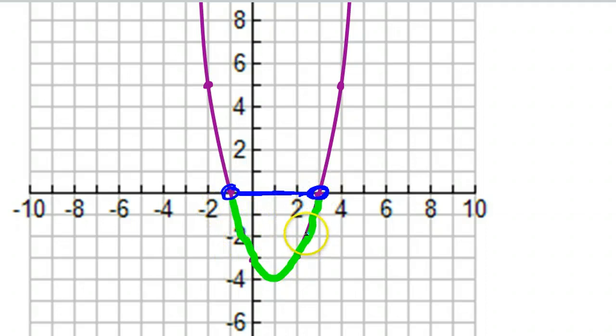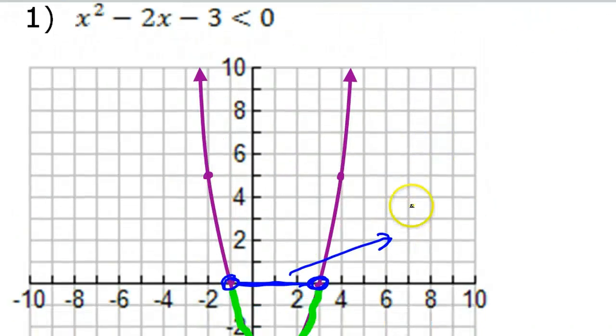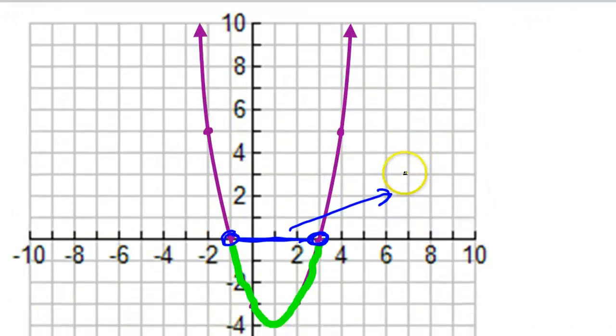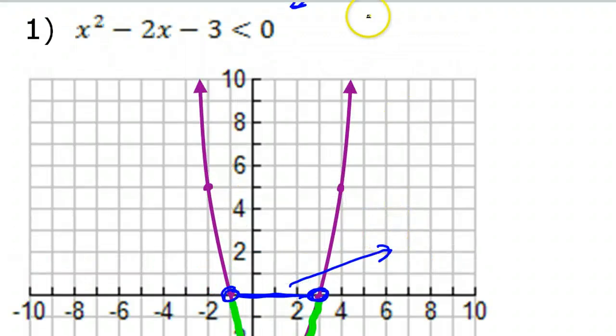So this blue represents the answer, but we just need to go ahead and put it in interval notation. And in interval notation, this goes from -1 to 3. So I will put -1 to 3, and I'll put them in round parentheses to show that the endpoints are not included. Okay, that's it for number 1.